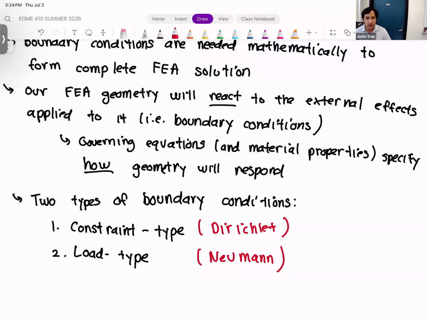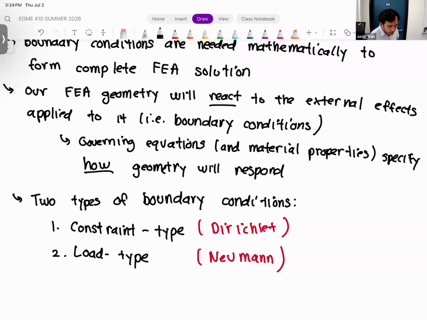They're named after the mathematicians who formalized the theory for these boundary conditions. Sometimes if you read finite element academic papers, they'll refer to them using this convention, but within the context of this class it's not that useful. So I refer to them as constraint type and load type.